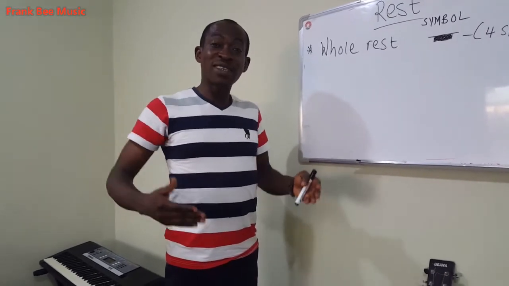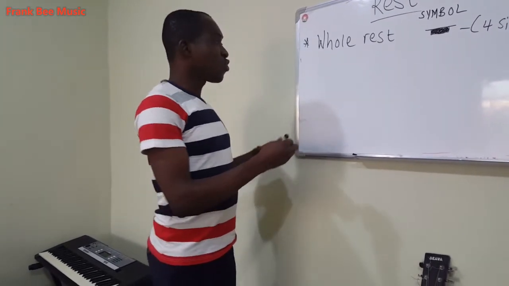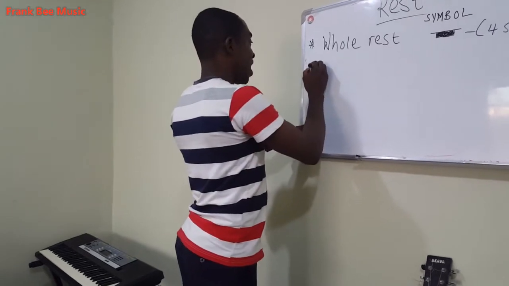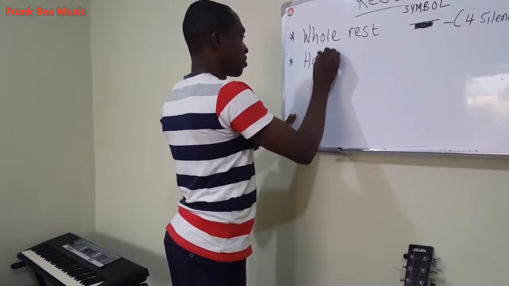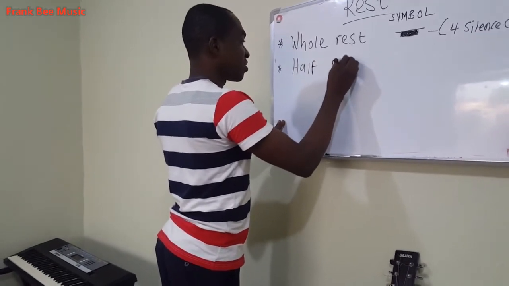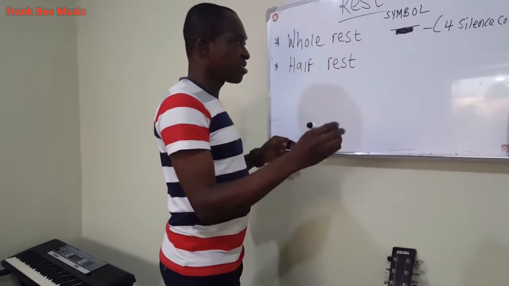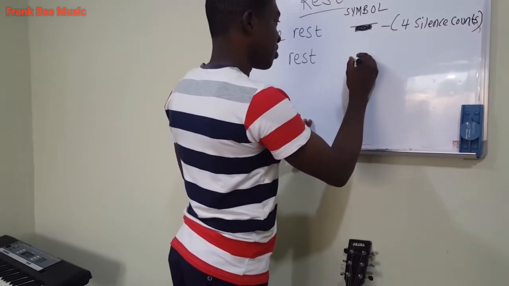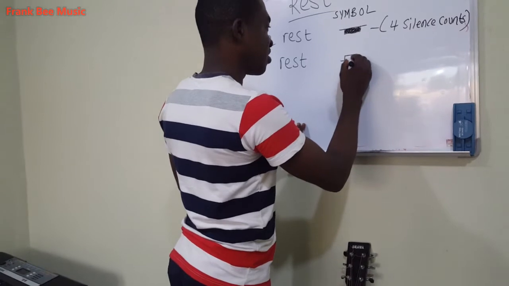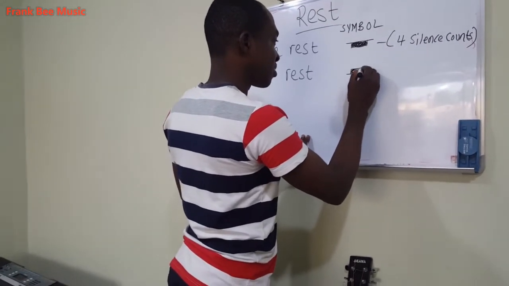Now we are moving to the next rest, which is the half rest. We have the half rest, and this is the symbol for the half rest. It's the opposite of the whole rest.